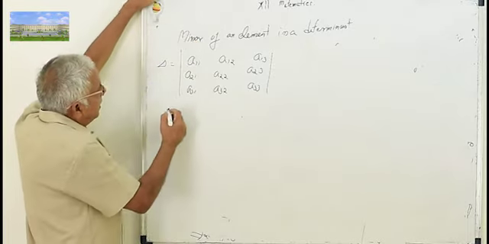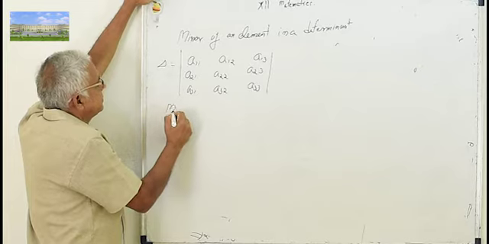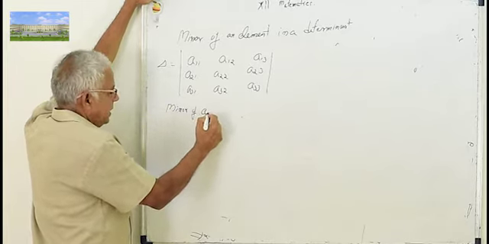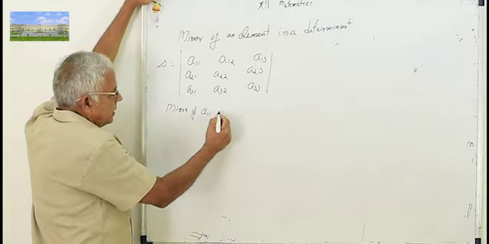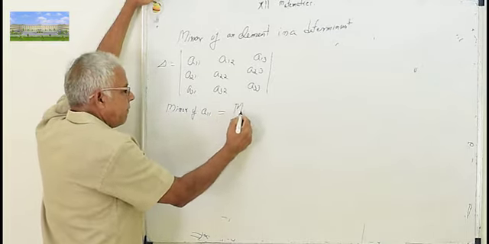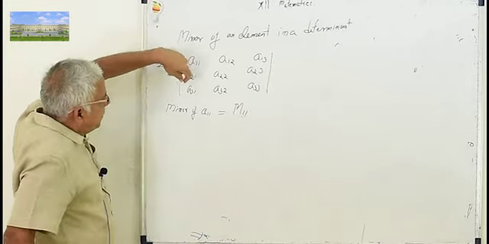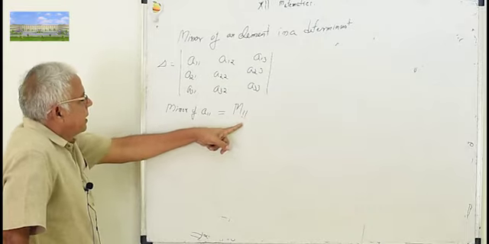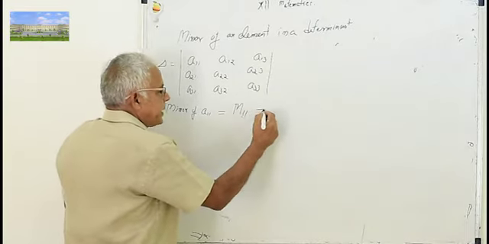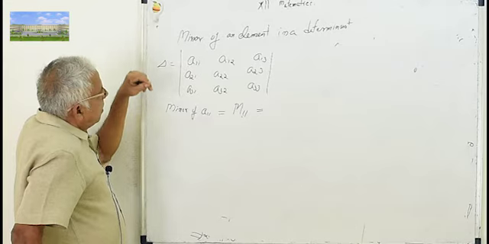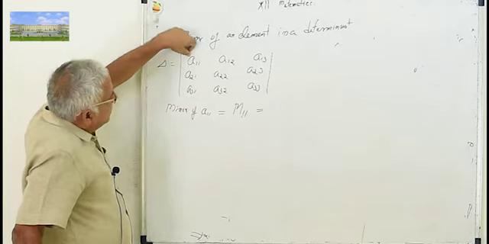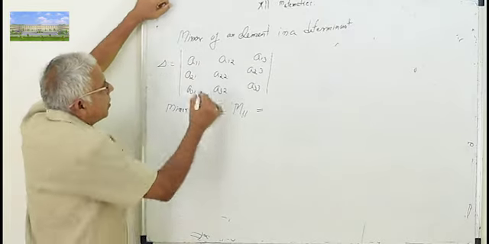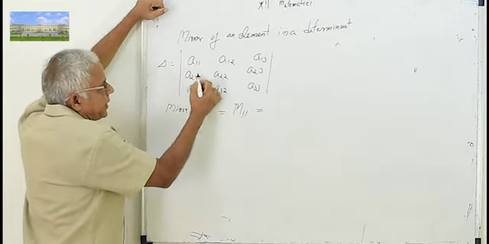The minor of an element A11 is denoted by M11. M11 is the determinant obtained by deleting the row and column containing the element A11.